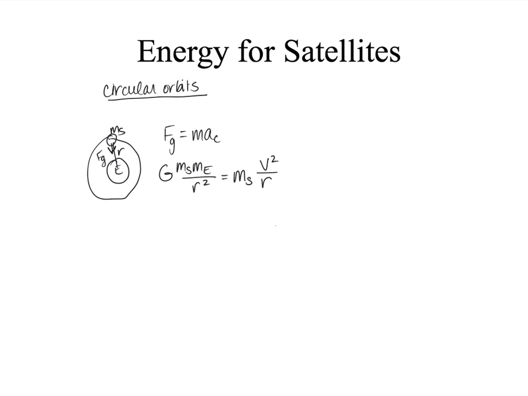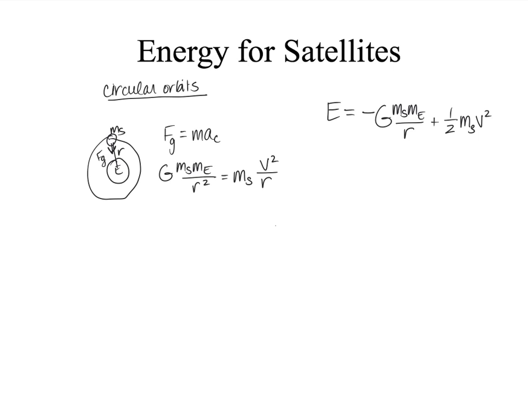And we can actually use this to modify the expression for the energy of the satellite. Again, remember that we're doing it just for circular orbits. So just to remind ourselves, the energy for the satellite is minus the mass of the satellite times the mass of the Earth over r, and then plus the kinetic energy. So the first term, of course, was the potential energy. The second term is the kinetic energy.